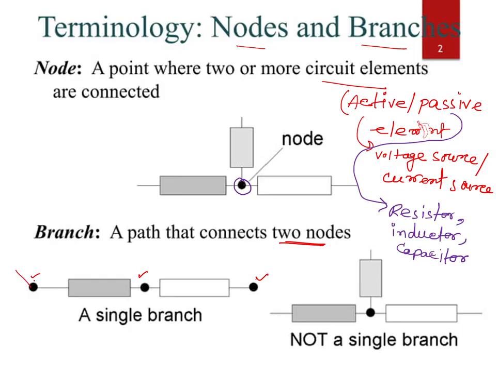Okay, for time being assume. So this is one branch, connecting two nodes, and this is another branch, connecting two nodes. Similarly here also, this is one branch, this is one branch, this is one branch. Okay, so this node and branch is basic terminology.